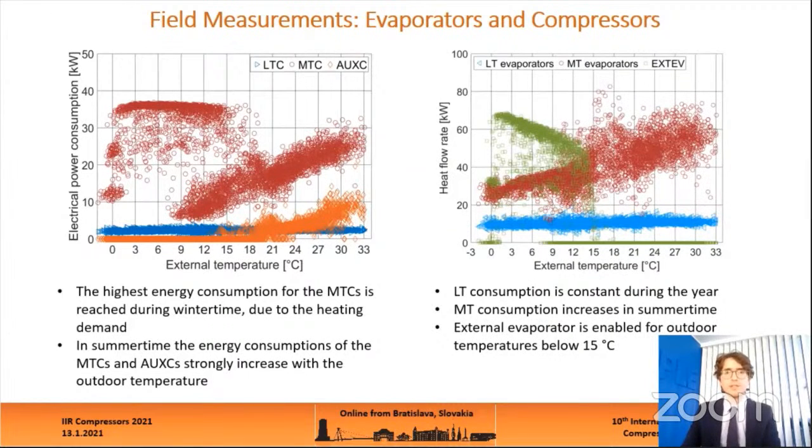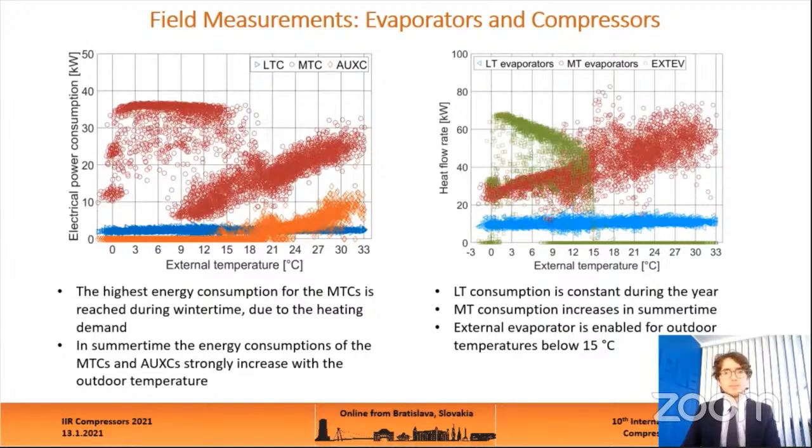The external evaporator is enabled for temperatures below 15 degrees Celsius, and its heat flow rate increases for lower external temperature, reaching a maximum at about 1 degree Celsius. The figure on the left shows that the highest energy consumption for the MT compressors is reached during the winter time due to the heat recovery request.